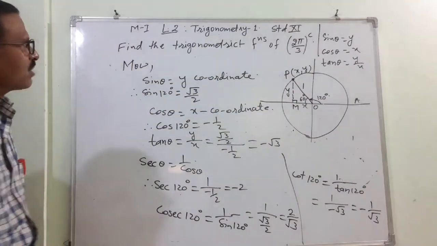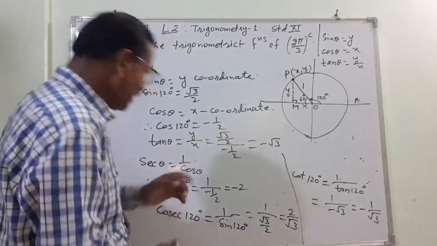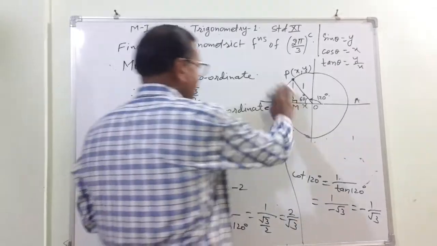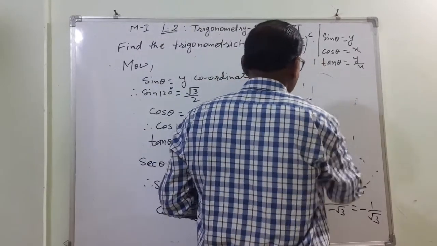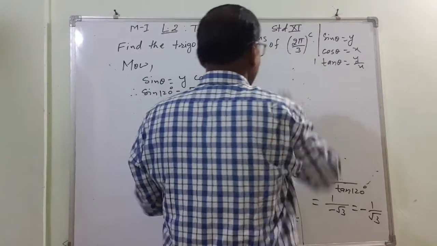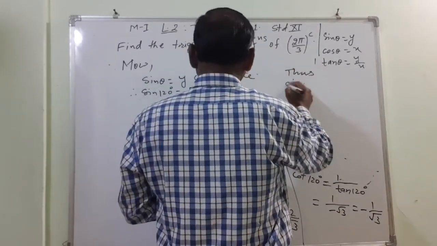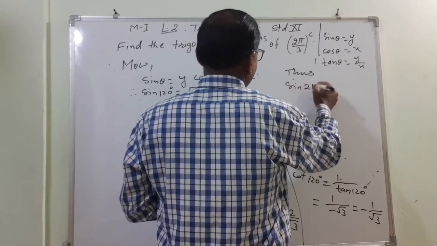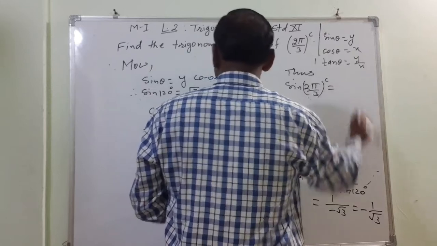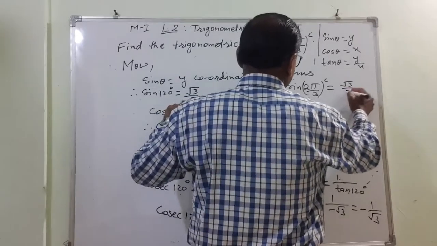But now the question was, find the trigonometric functions of 2 pi by 3. In answer, how you will write answer? Thus, sine 2 pi by 3 radian is equal to root 3 upon 2.